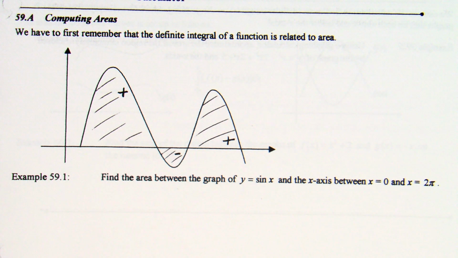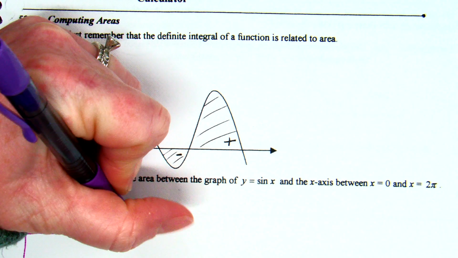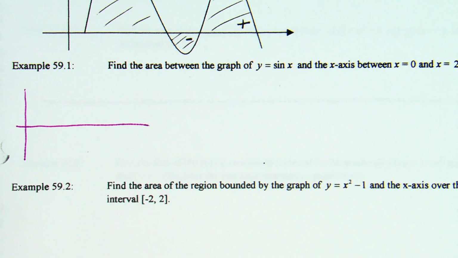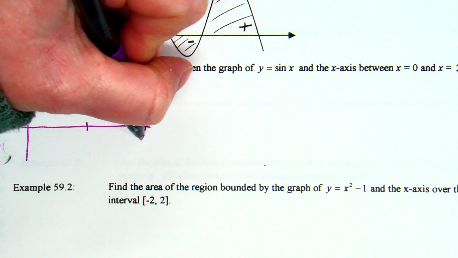And so that's where we're going to have to use some of the integral rules we learned last week. So let's look at the graph of sine from 0 to 2 pi. Can you visualize it without me having to draw it? Do you remember how to draw it?